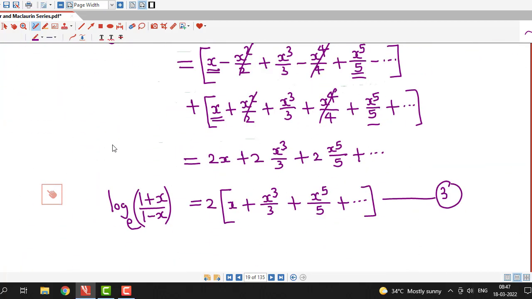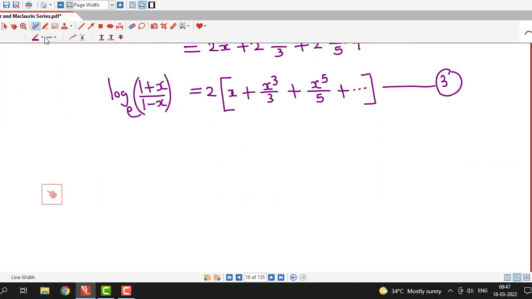So the last part of the question is, using this series number 3, we have to obtain log of 11 by 9. So I have to select a particular value of x for which this is going to be equal to 11 by 9.